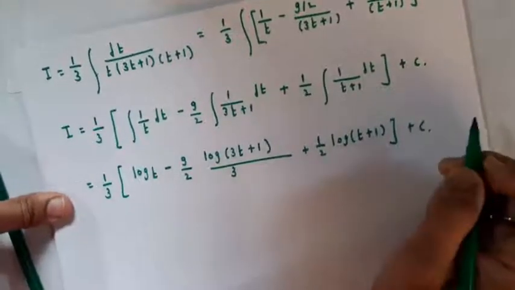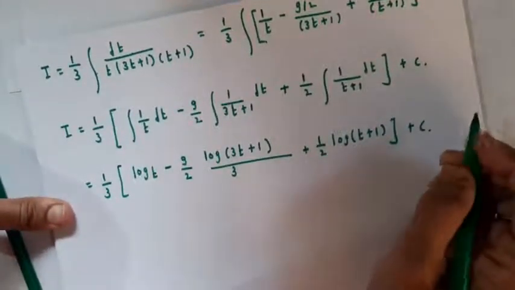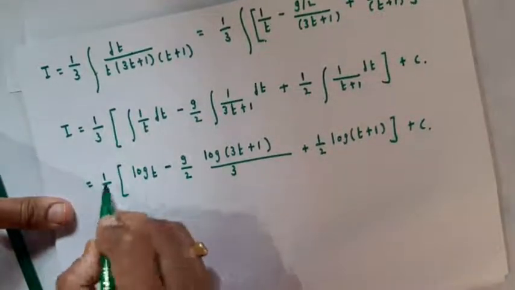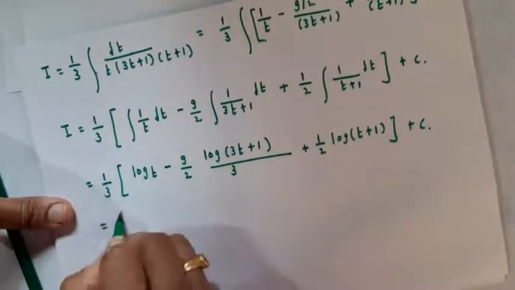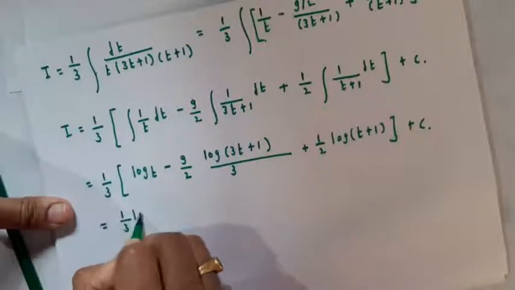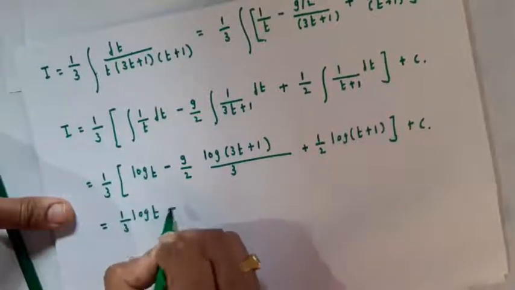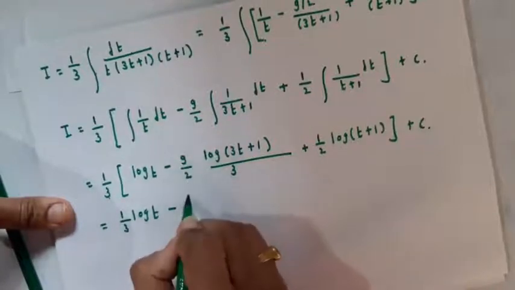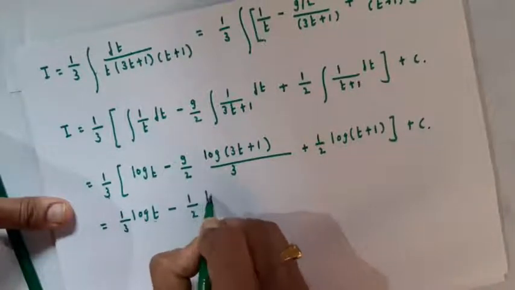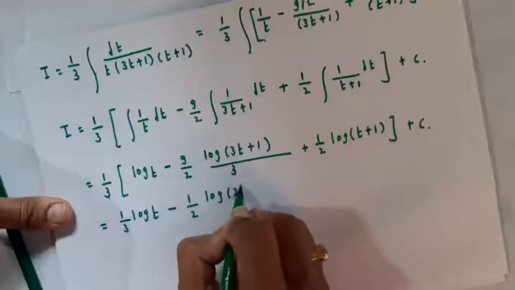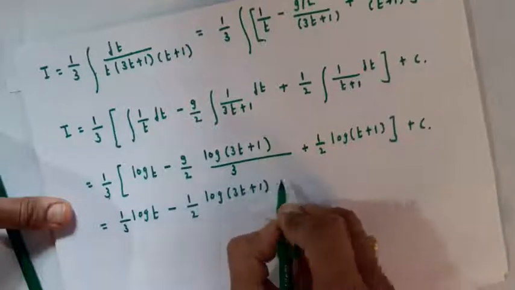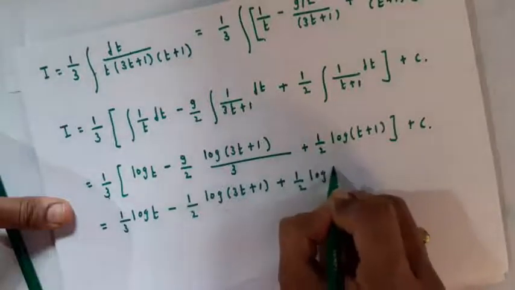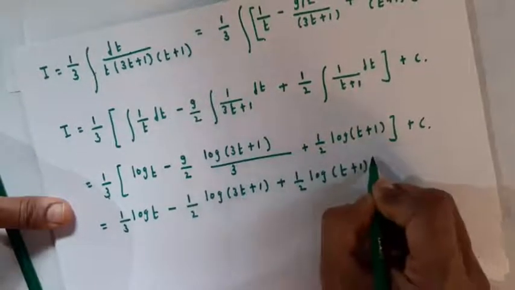Okay. And now this is equal to, simplify the integration, 1 by 3 log of t minus 3 into 3, 3 is 9 gets cancelled, 1 by 2 log of 3t plus 1 plus 1 by 2 log of t plus 1.